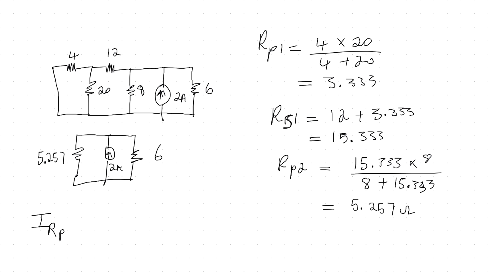IRP2 is equal to 2 amperes times 6 divided by 6 plus 5.257, which is 1.066 amperes.